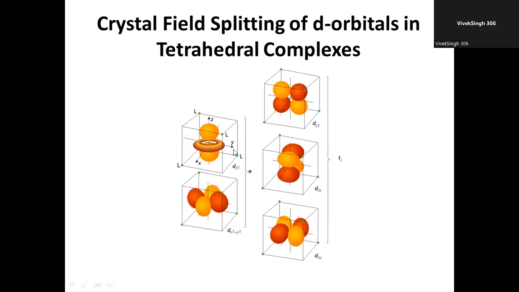This is one corner with a ligand, and at the next corner a ligand is not present. On the alternate corner, a ligand is present. Down here also, this is one corner, on the alternate corner there is no ligand, and towards the next corner there is one more ligand. So along the alternate corners, ligands are approaching the metal ion.